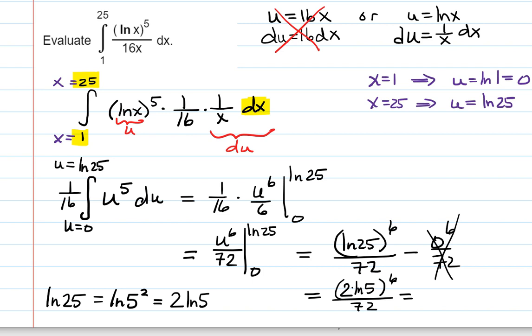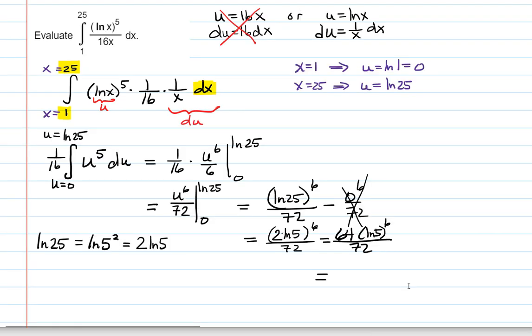So 2 to the 6th is 64 times the natural log of 5 to the 6th over 72, and that fraction can be reduced. This would be the same as 8 natural log of 5 to the 6th over 9, and so this would probably be considered the most simplified form.